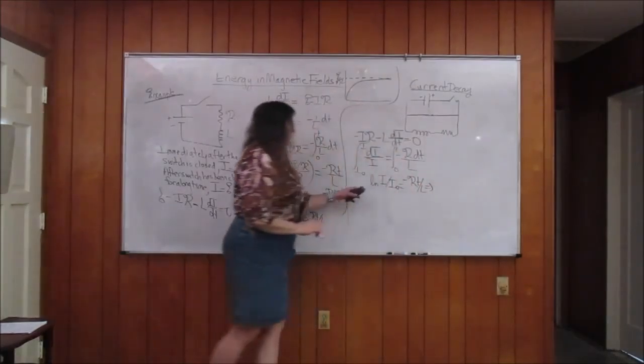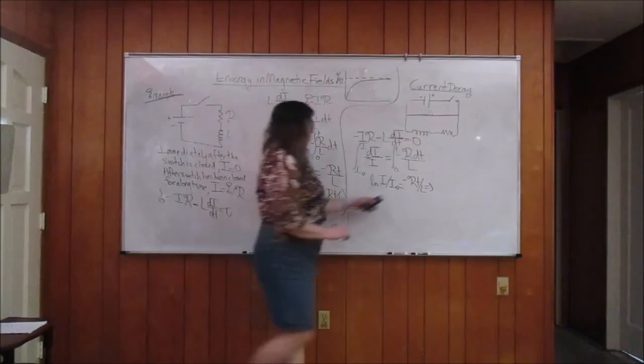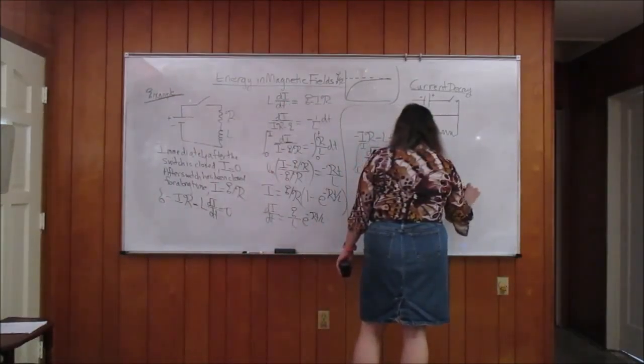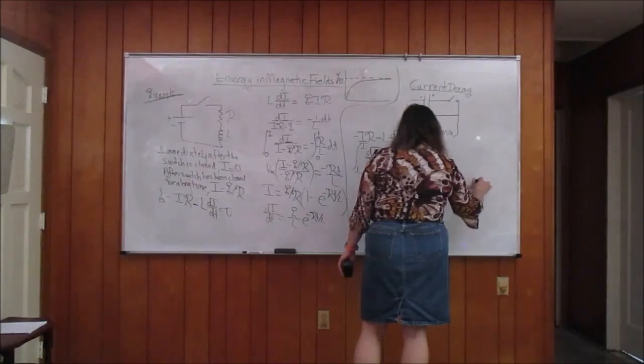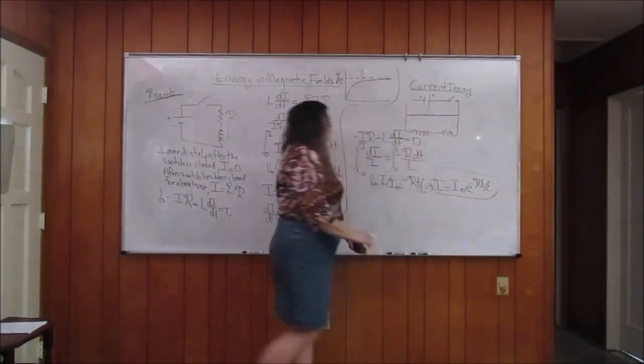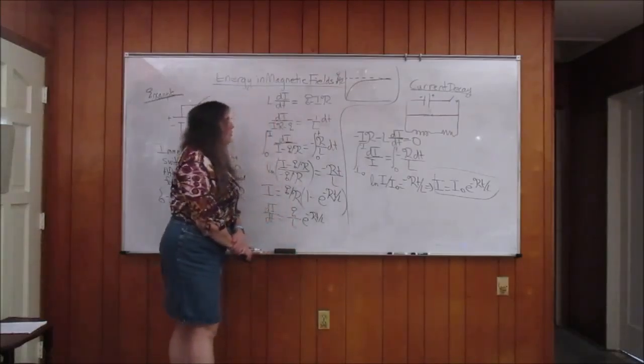And once again, I want to take the exponential of both sides, and then I'll multiply through by I naught. And therefore, your current goes as I naught e to the minus Rt over L.